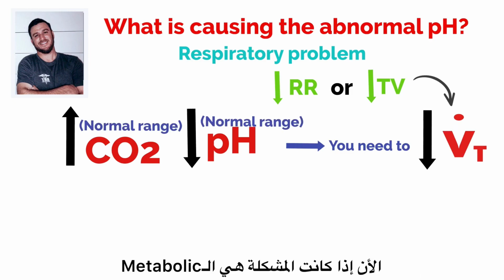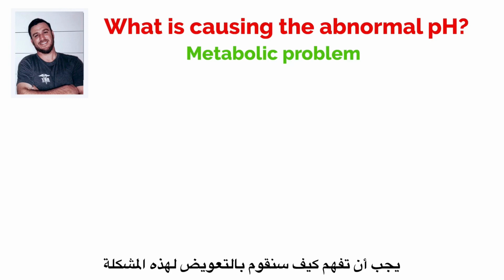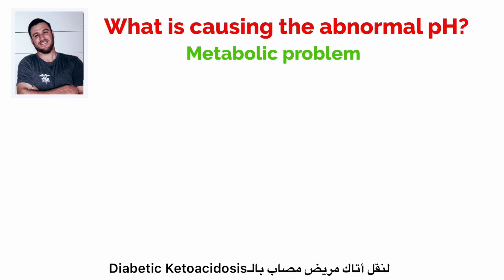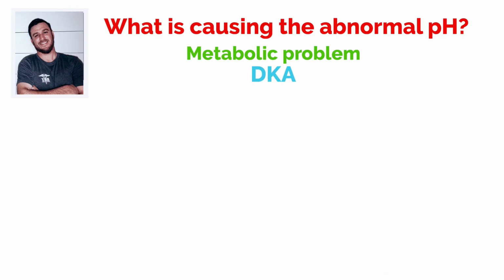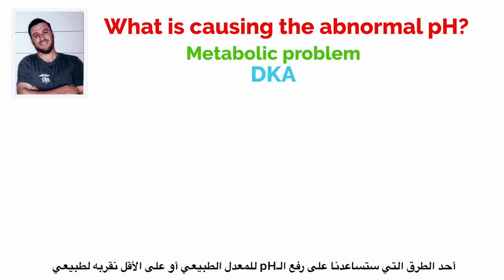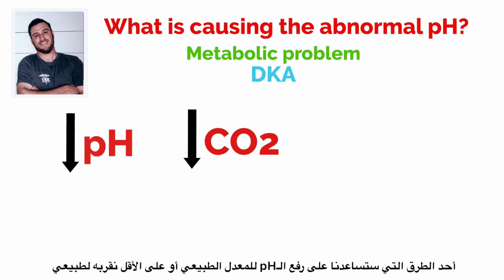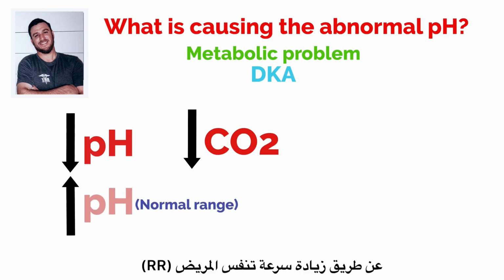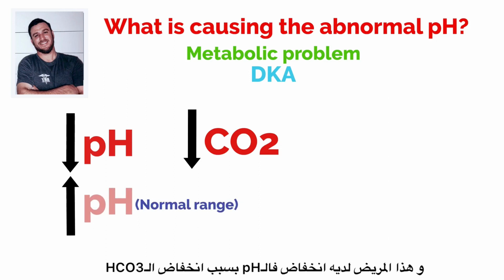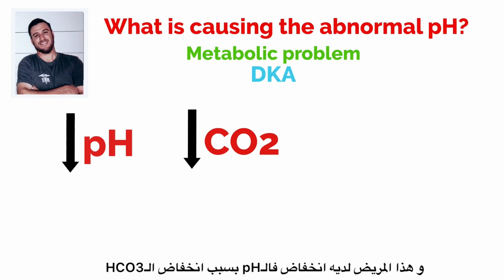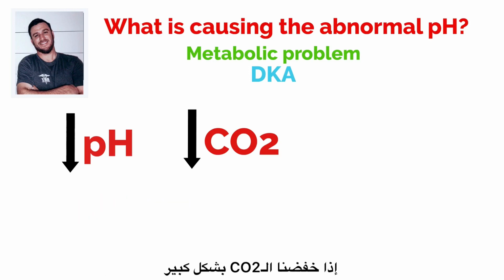Now, if it's a metabolic problem, you have to understand how we are going to help compensate for this metabolic problem. And it's something that we don't always do. But if you have somebody who comes in with, say, diabetic ketoacidosis and they're very, very acidotic, then one of the things we can do to help get that pH up into normal range, or at least closer, is hyperventilate our patient. Now, this person has a low pH because they have a low bicarb.